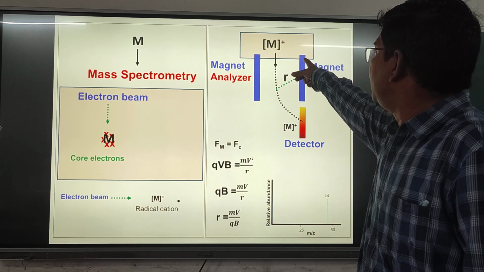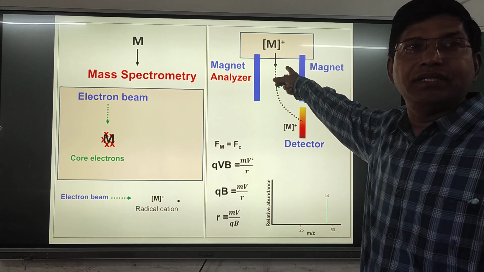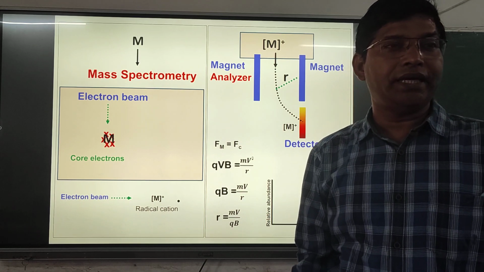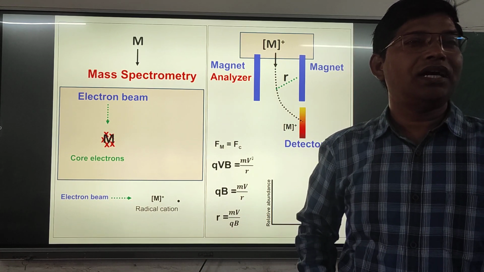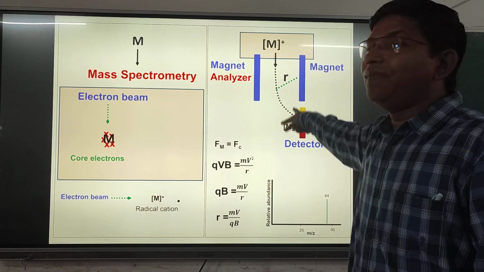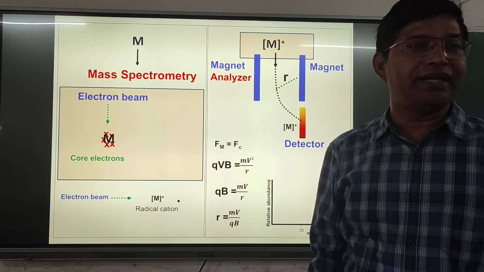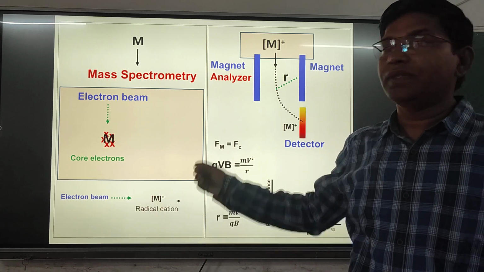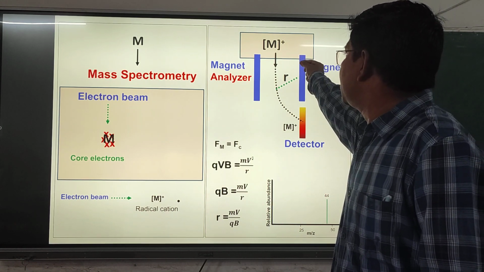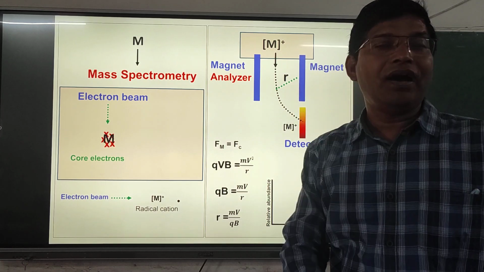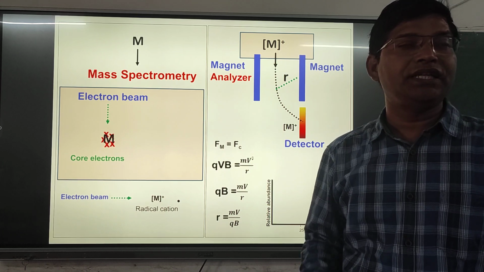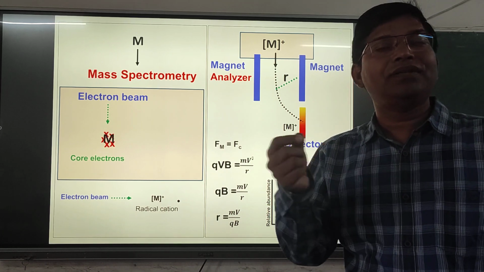Your element that is ionized in the ion source reaches the detector following a curvature path, and the R value is different for different elements because the deflection, the curvature path followed by the ionized element, is different.